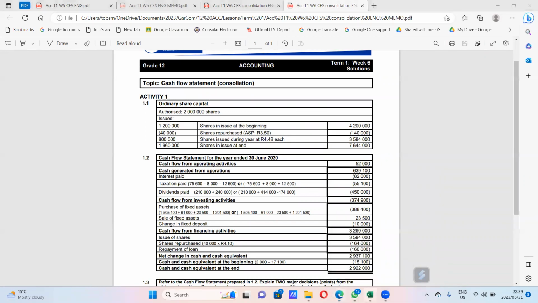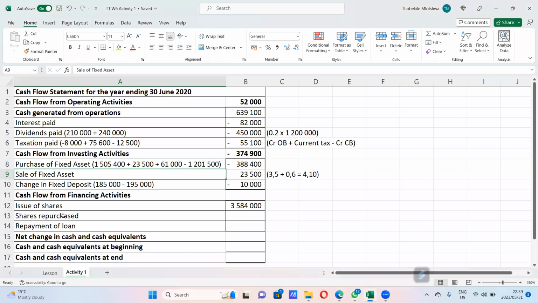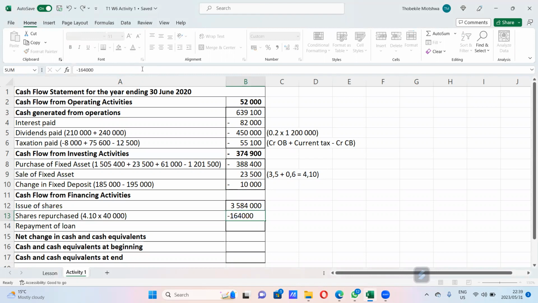That's what we need to do: 4.10 times 40,000, which gives us, because it's a repurchase, a negative 164. This one is a positive because we sold the shares.